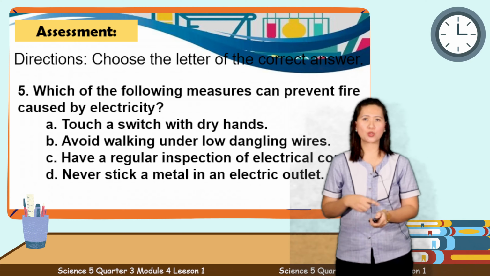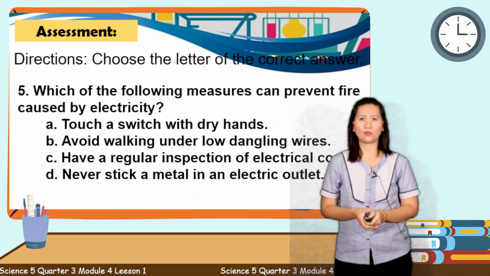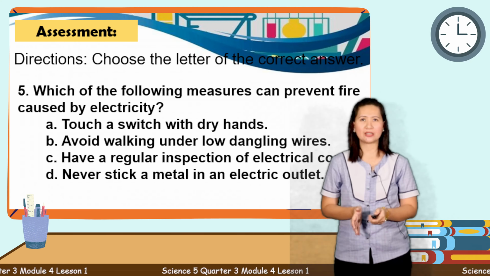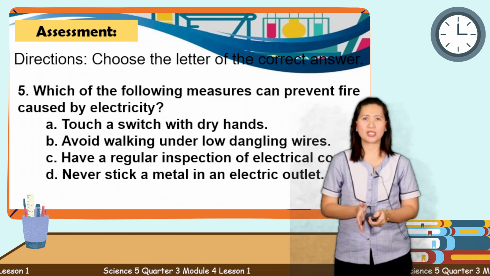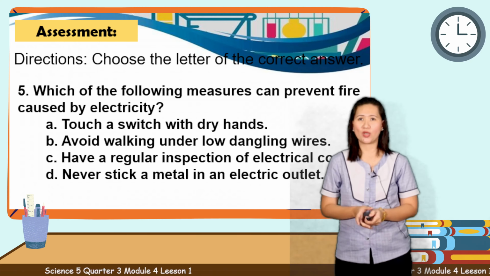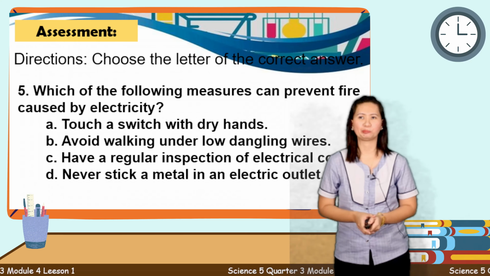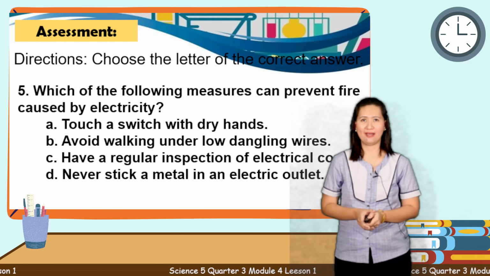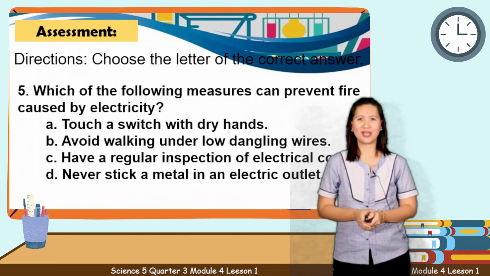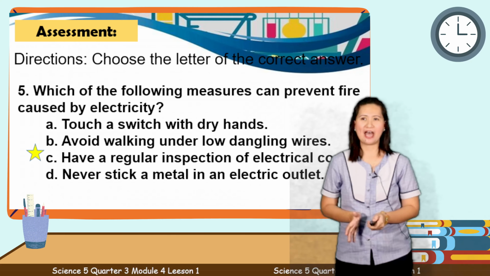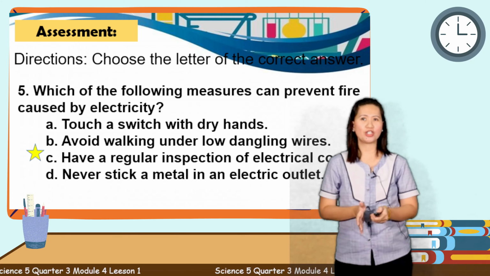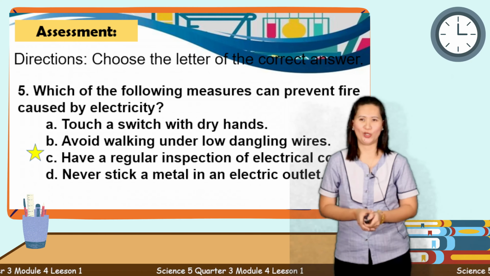Actually, all those choices are things that we should do to be safe using electricity. But the question is, how are you going to prevent fire caused by electricity? The answer is letter C. Have a regular inspection of electrical cords.